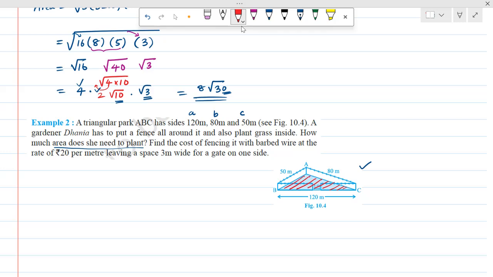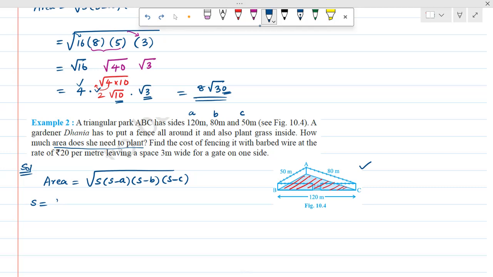By using Heron's formula, we will calculate this part. So I will calculate the s also. What is the formula? Area is the square root of s times s minus a, s minus b, s minus c. After that, I will calculate s, the semi-perimeter.